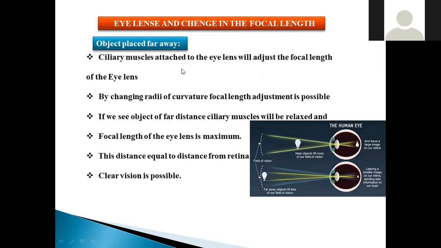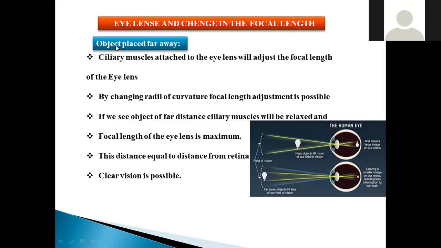When such variation in distance is possible, how can we observe all these objects with clear vision? For that purpose, an adjustment in the focal length is possible, which is done by the part called the eye lens. How it does so, and what the process is, we are going to discuss now.